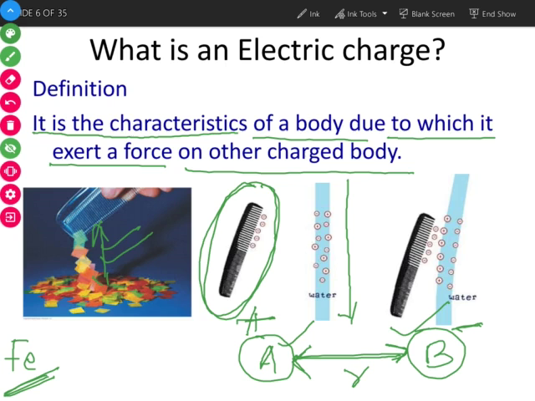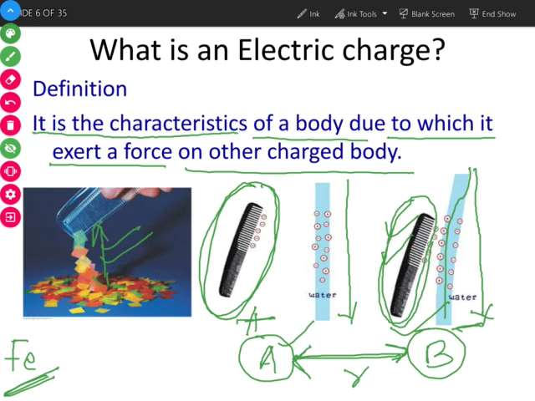But as soon as we place this comb near the water tap, the water gets deviated from its original path, again because of the force of attraction. Because the comb is charged, it starts attracting the water molecules, and that is why it gets deviated from its original path.